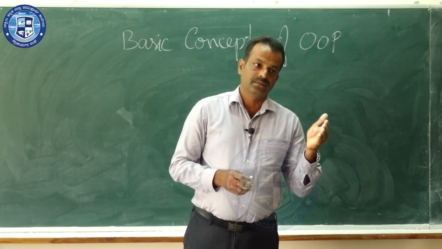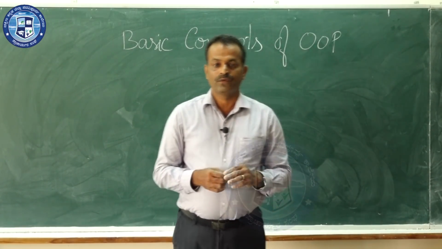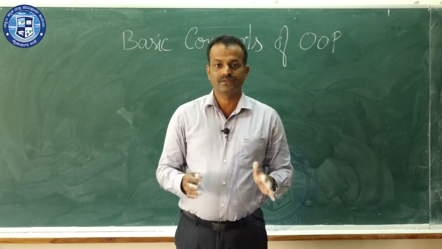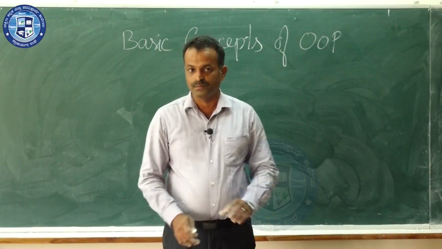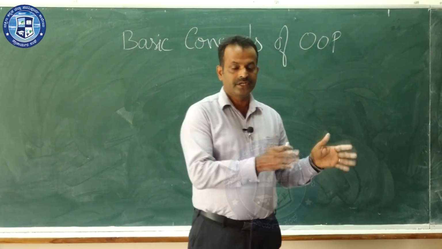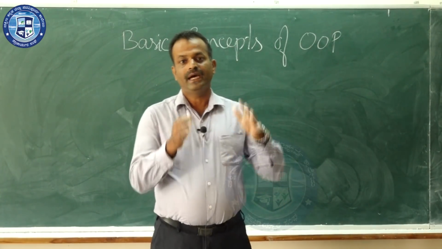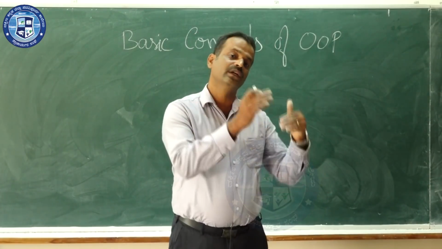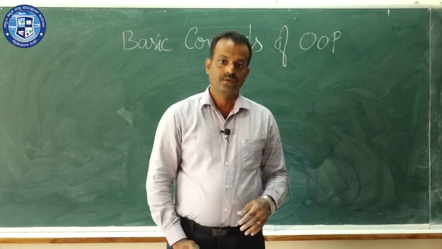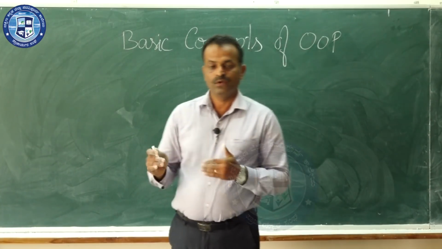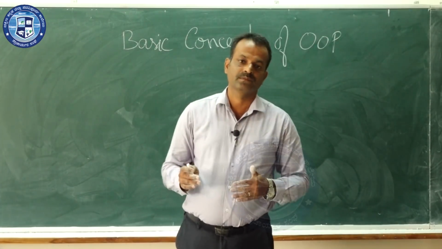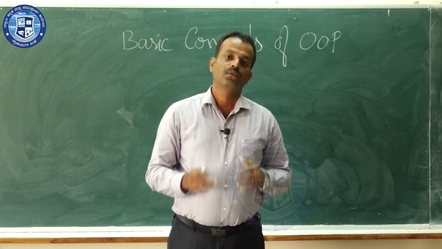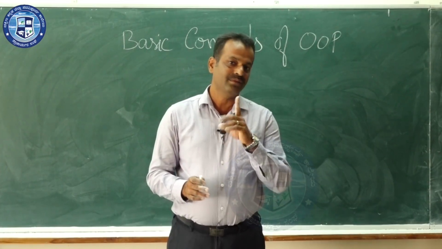Then, using the concept of polymorphism, we can make one function behave in different forms. In our traditional system, we have many functions with different names, whereas in the case of polymorphism or function overloading, we have many functions with the same name.